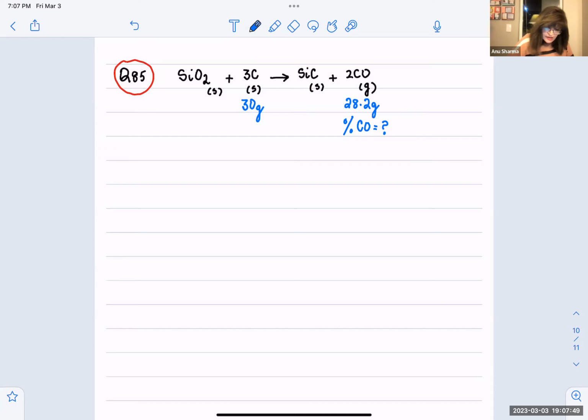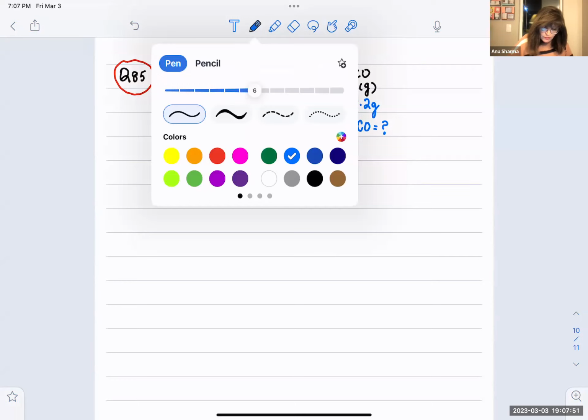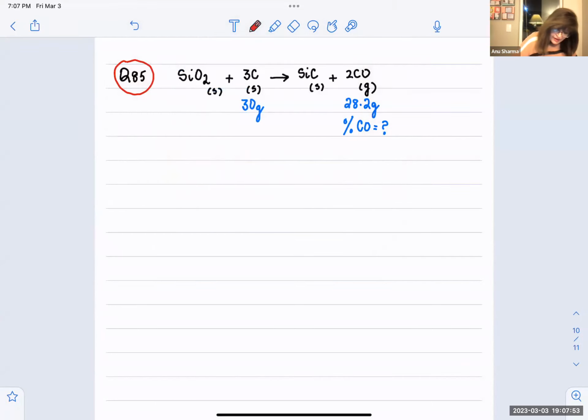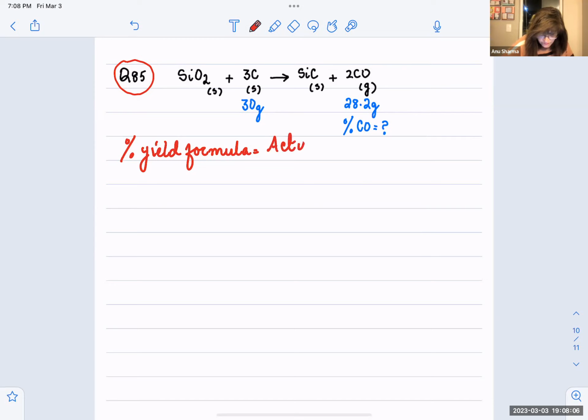It's the same story. You're going to first always write the formulas, okay? So here we have the percentage yield formula. Percentage yield is equal to actual over theoretical times 100%.